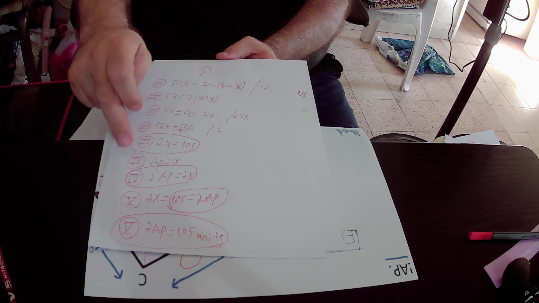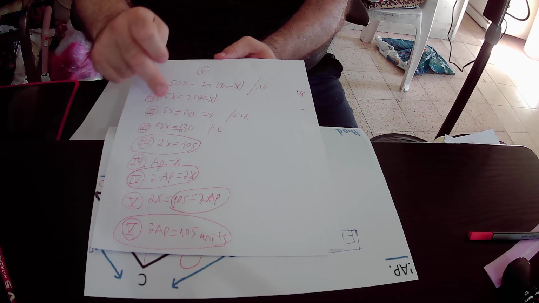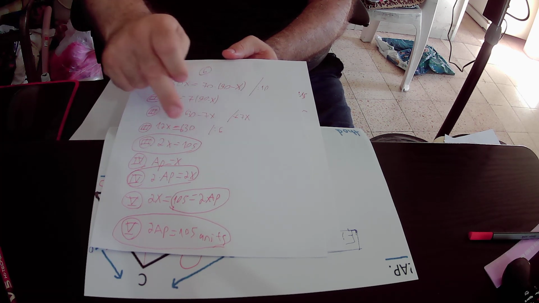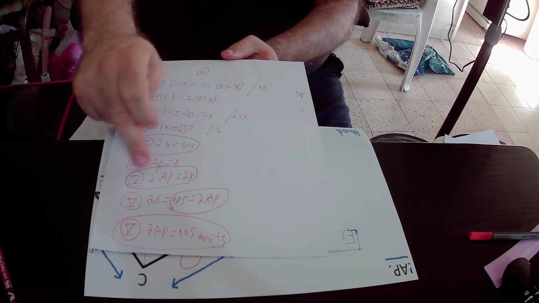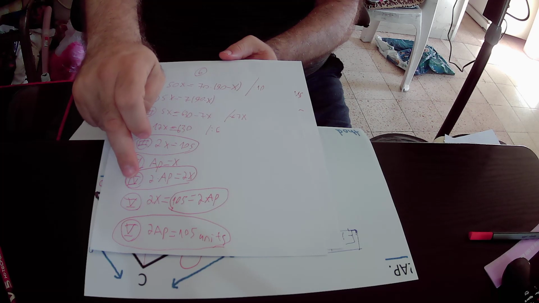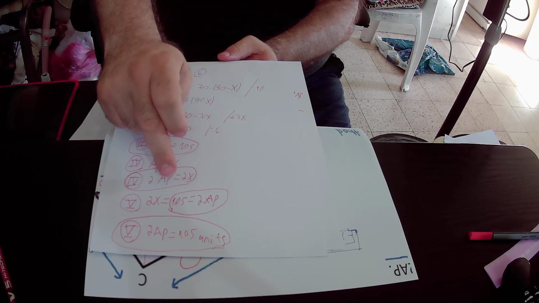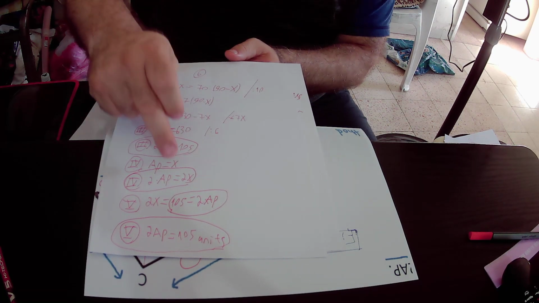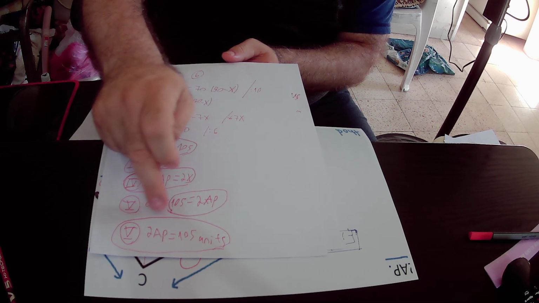But from the fourth equation we know that 2 times X equals 2 times AP. So we got that 2 times AP equals 105 units.